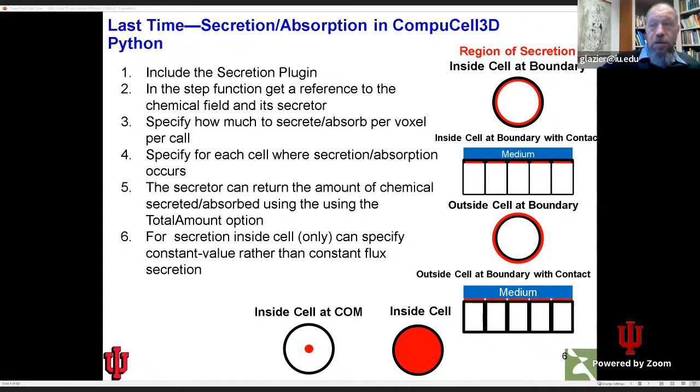It might make sense to be able to do constant value with the center of mass, but I strongly encourage people to avoid using the center of mass option. Historically, that's how people did things, and so if you want to reproduce other people's work, it's not a bad way to do it, but it's a mess, mathematically and numerically a mess to do that. It is a little bit faster execution.